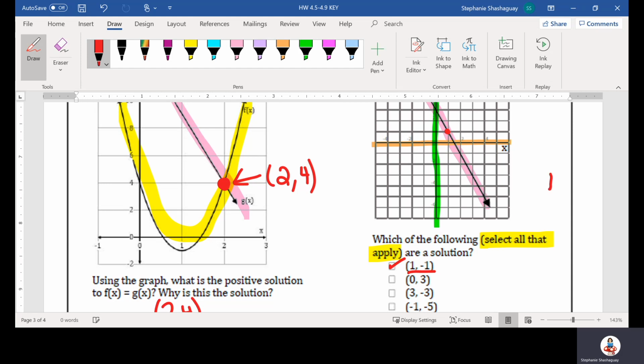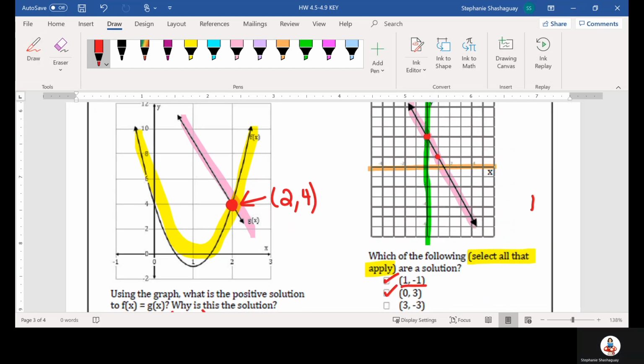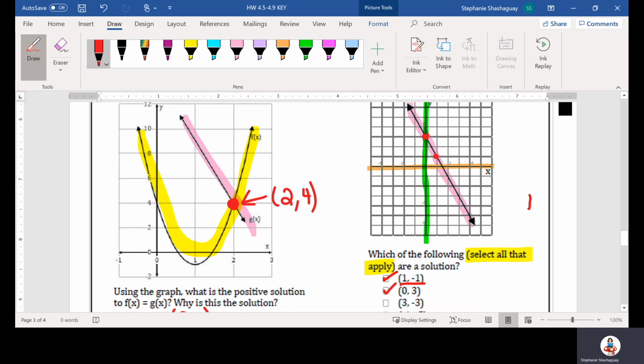Let's look at this graph. Is 0, 1, 2, 3, is that a point on the graph? Yes. What about 3, -3? So 3, and down 1, 2, 3. Yes.